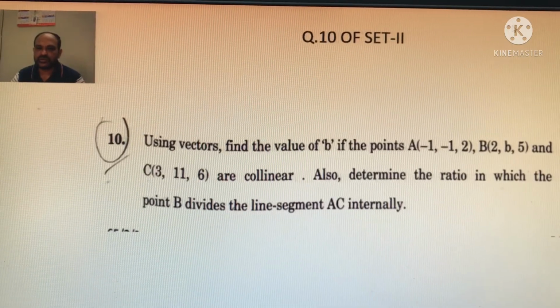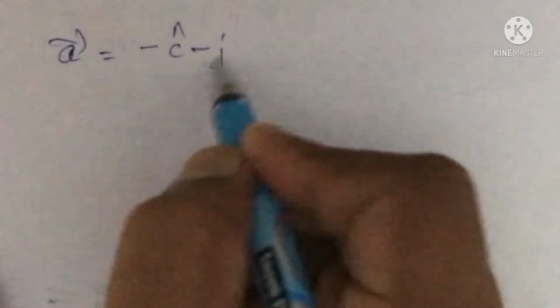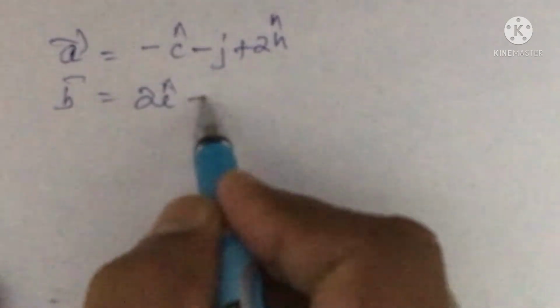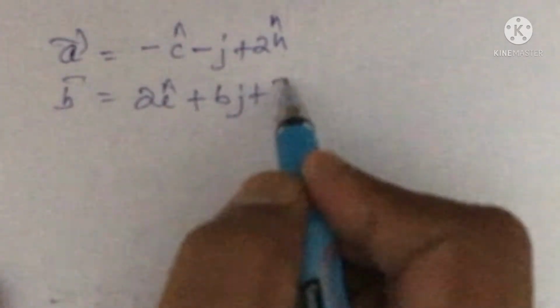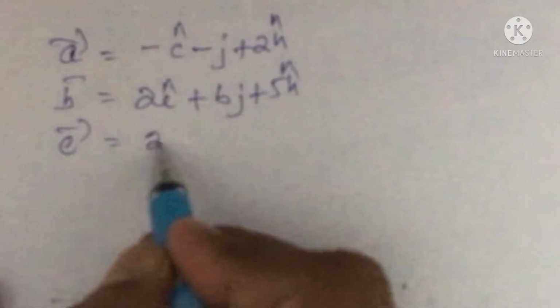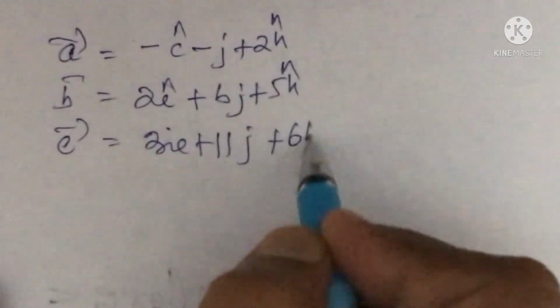The solution of this question is: let a, b, c be the position vectors of points A, B and C. Then a vector is equal to -i - j + 2k, b vector is equal to 2i + bj + 5k, and c vector is equal to 3i + 11j + 6k.